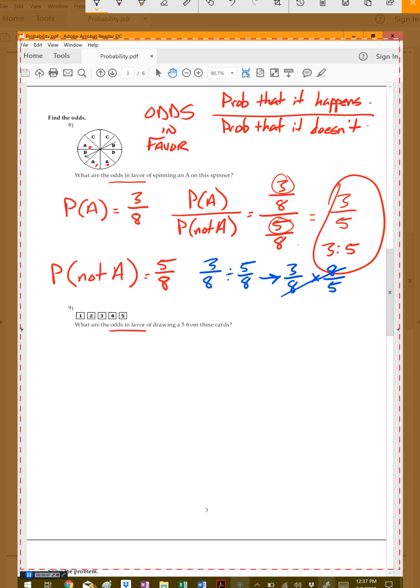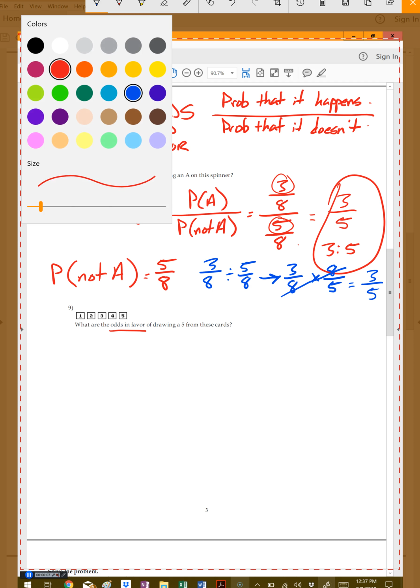These 8's cancel, and that leaves you 3 over 5. So that's how I got 3 over 5. And every time you do these odds, either in favor or against, you're going to have that same denominator of your total number of possibilities. So this will happen every time. You'll take the numerator of the numerator and the numerator of the denominator to make the odds in favor.